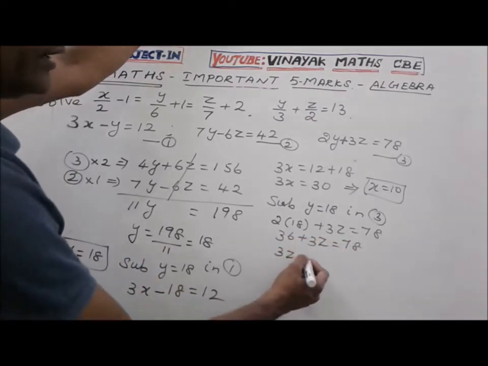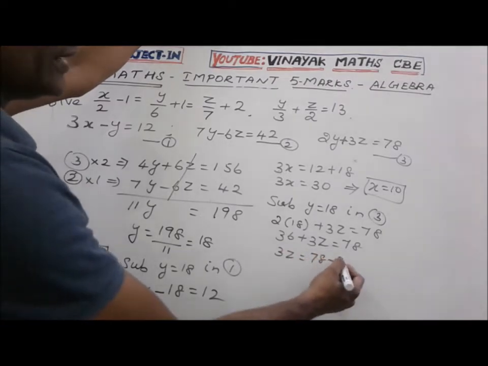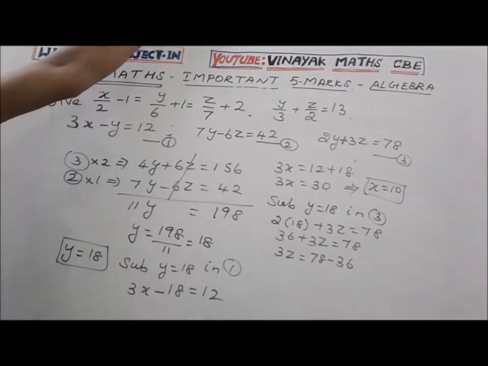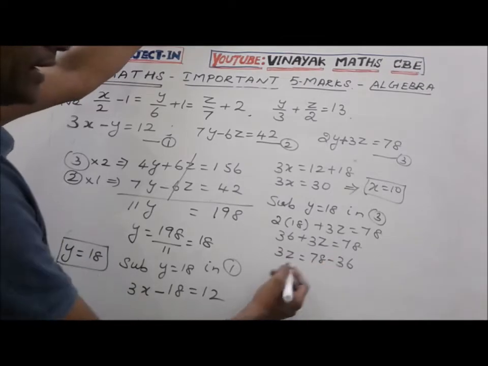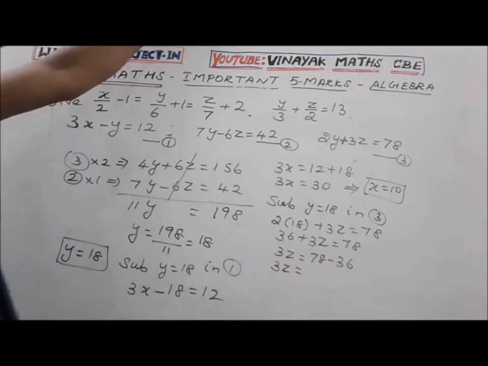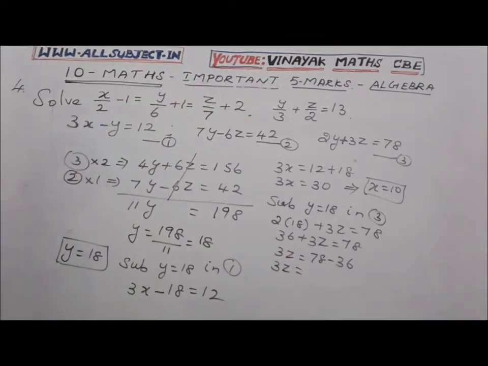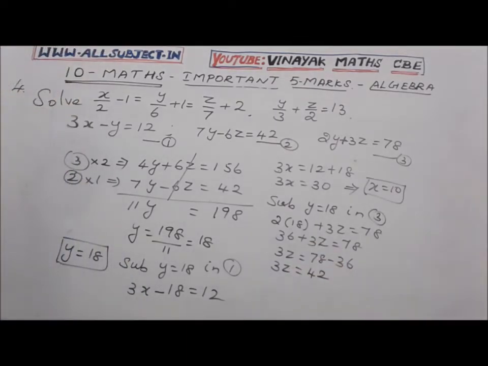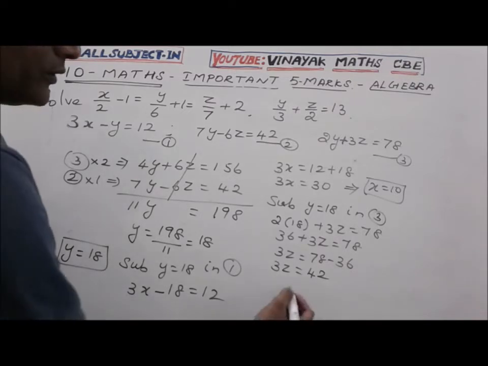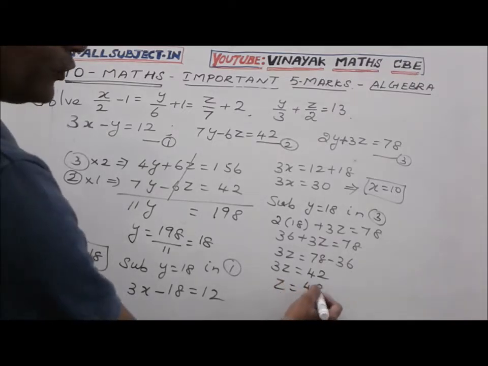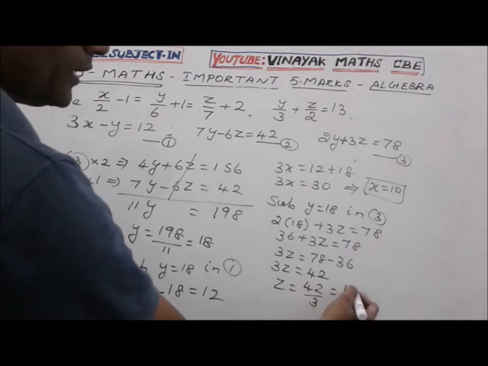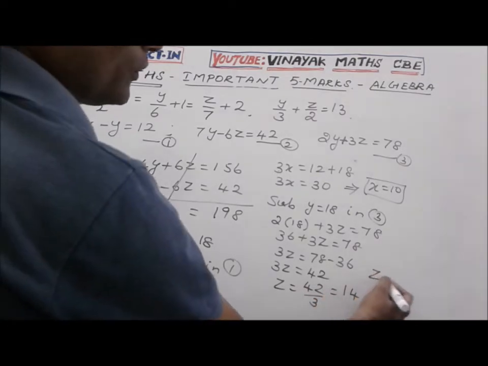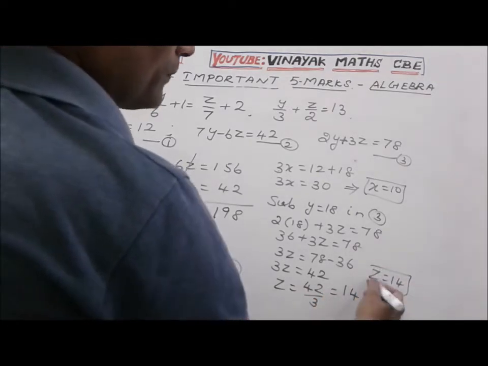Now 3z equal to 78 minus 36. Now subtracting, 3z equal to 42. Now z equal to 42 by 3, that is equal to 14. So z equal to 14.